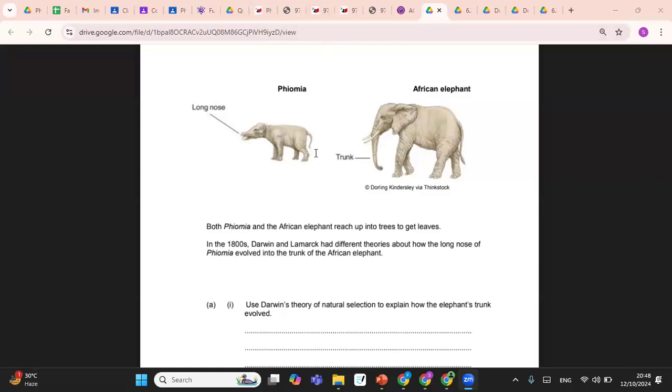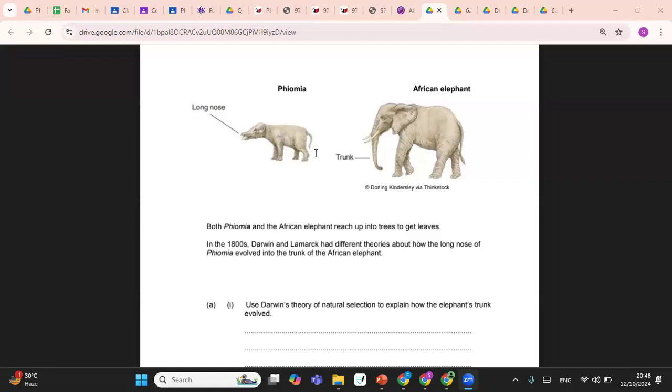Since they have a better chance of survival, they will reproduce more, and the gene for long noses is going to be passed on from parent to offspring.